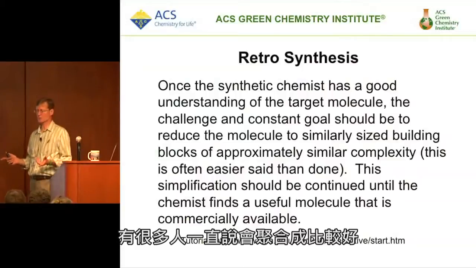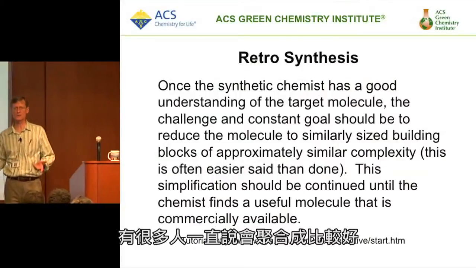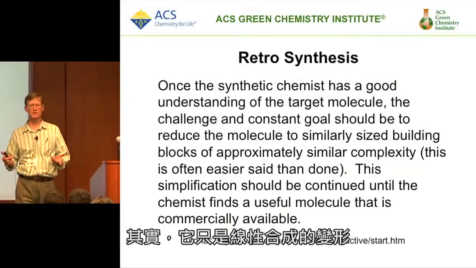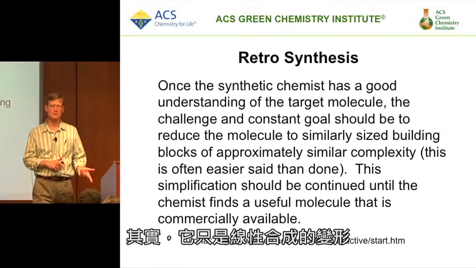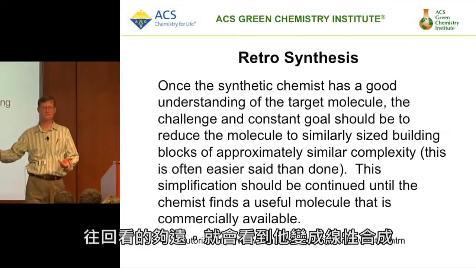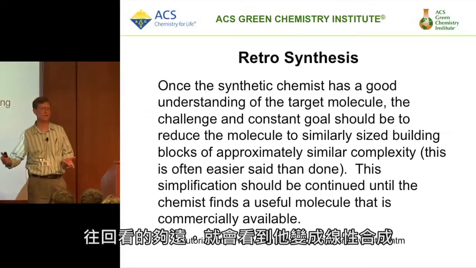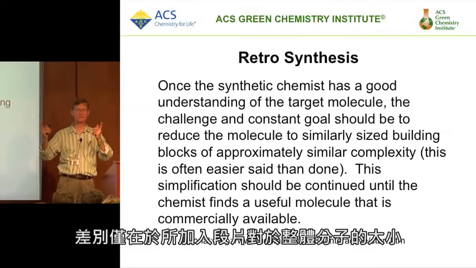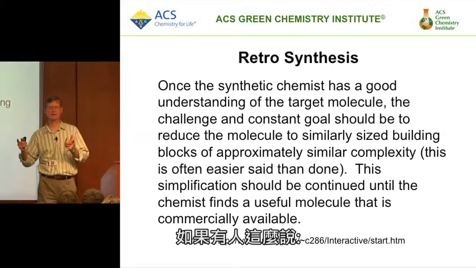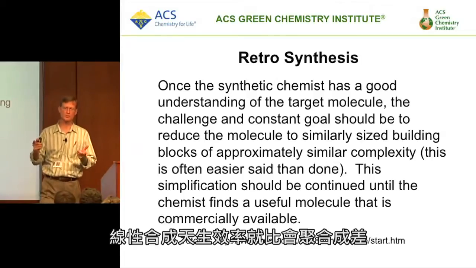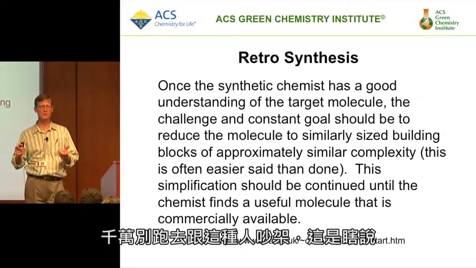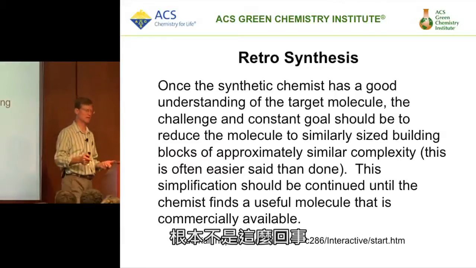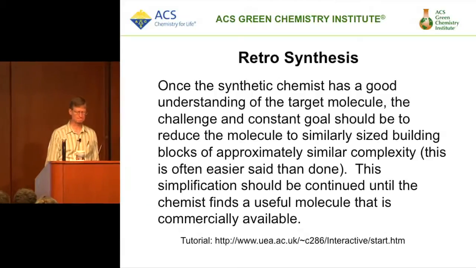There's a lot of people who spend a lot of time saying a convergent synthesis is better. It's really just a variation of a linear synthesis. If you go far back enough, it becomes a linear synthesis. It's just the size of the fragment that you're bringing into the overall molecule. So don't get distracted and don't get into arguments with people saying, gee, a linear is inherently less efficient than a convergent synthesis. It's nonsense. It's not the case.